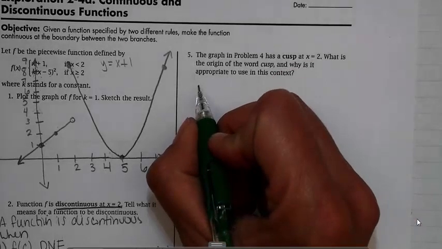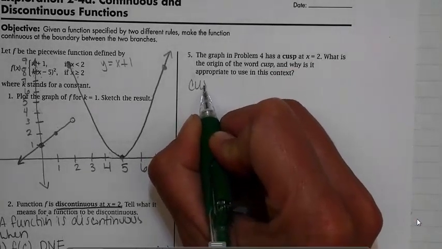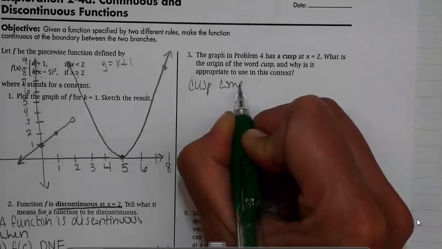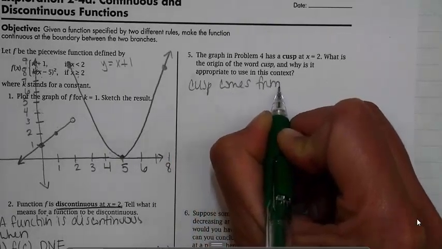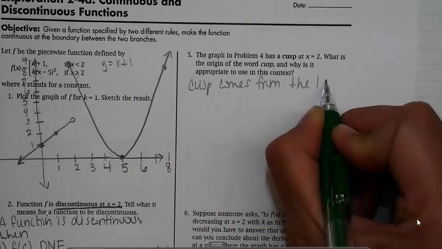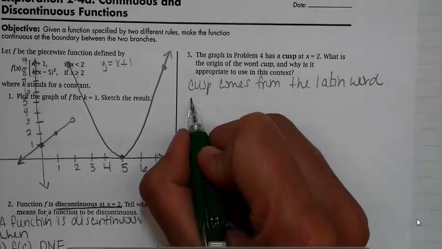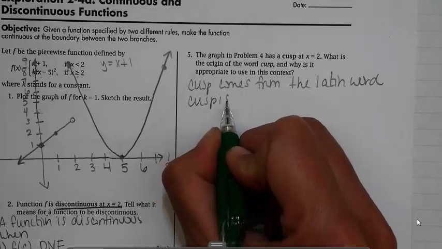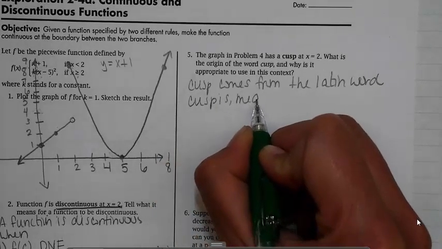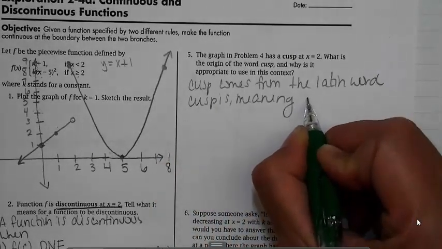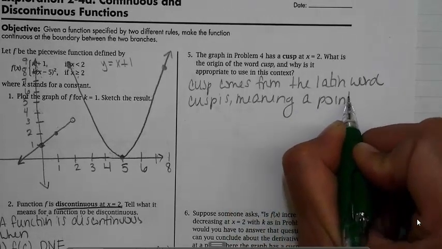So cusp comes from the Latin word cuspus, meaning a pointed end.